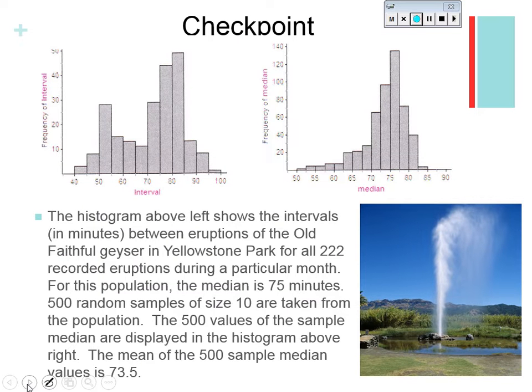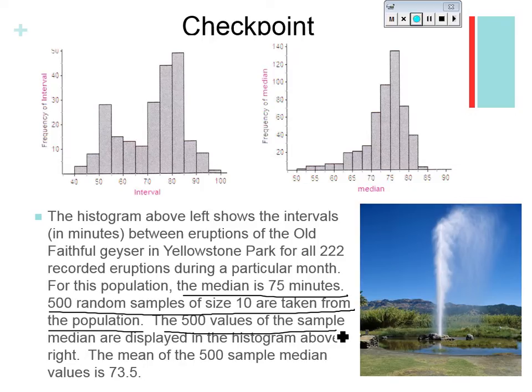So a question here says the histogram above on the left shows the intervals between eruptions of the Old Faithful geyser in Yellowstone Park for all 222 recorded eruptions during a particular month. For this population, the median is 75 minutes. 500 random samples of size 10 are taken from the population. The 500 values of the sample median are displayed in the histogram on the right.